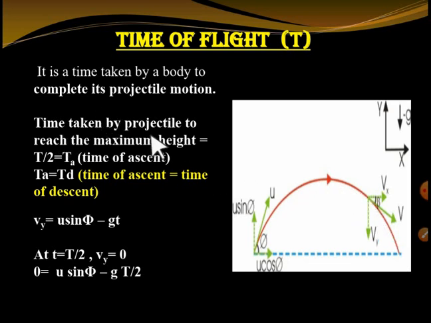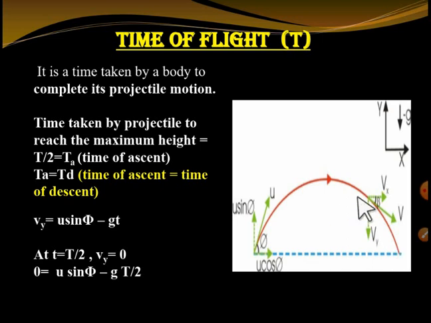This time of flight, we can easily find the expression for. Consider the projectile reaching the maximum height. Now the motion of the projectile is symmetric. The time taken to rise up to its maximum height we call the time of ascent, and from that peak height to come to the ground again we call the time of descent.